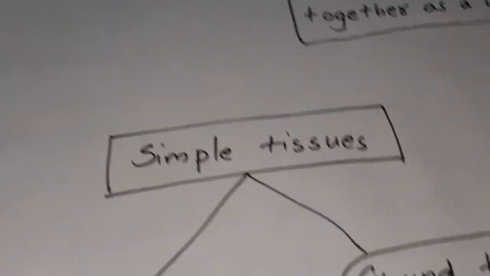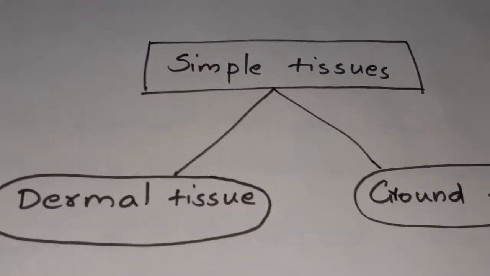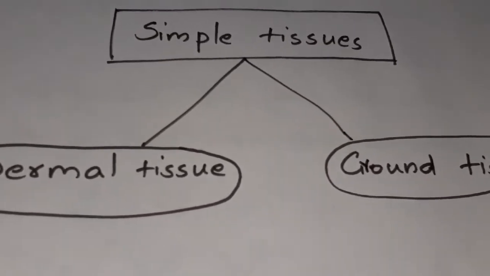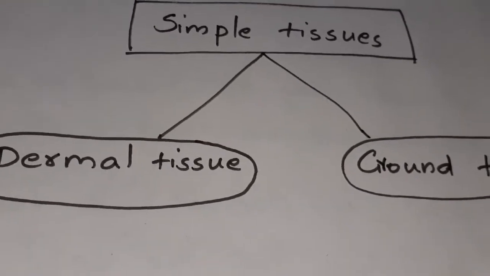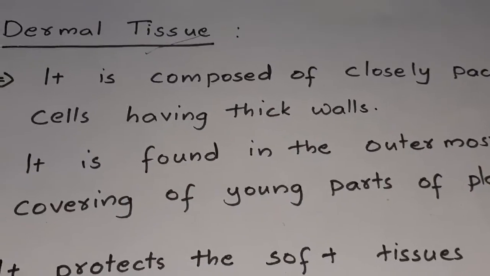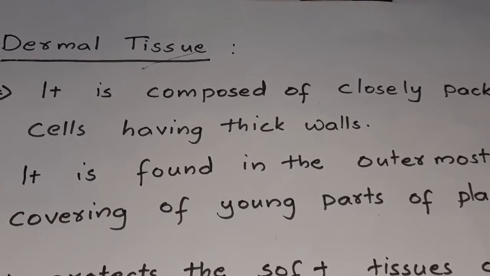Now we'll see more details about simple tissues. The simple tissues are again classified into two different types of tissues called dermal tissues and ground tissues. These are the two types of simple tissues. Now dear children, we'll see more details about each tissue.